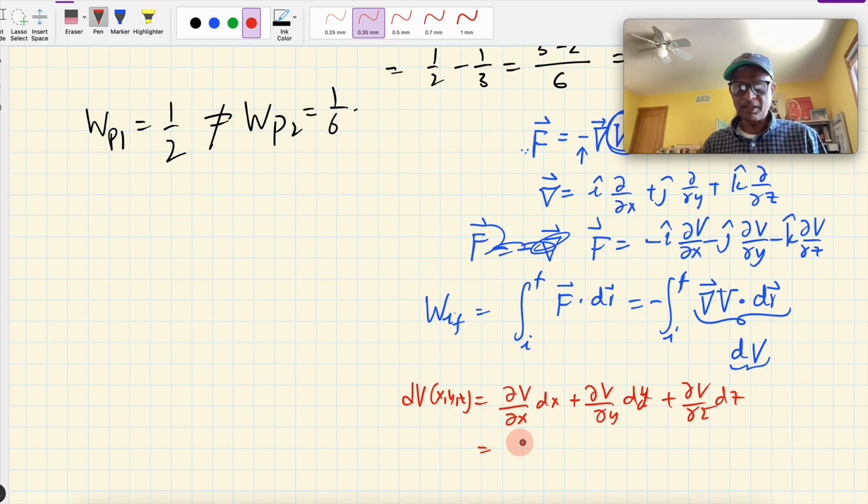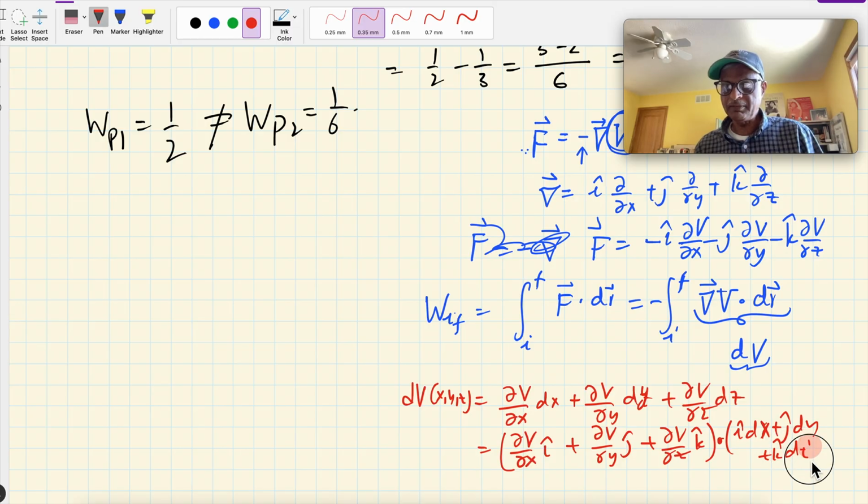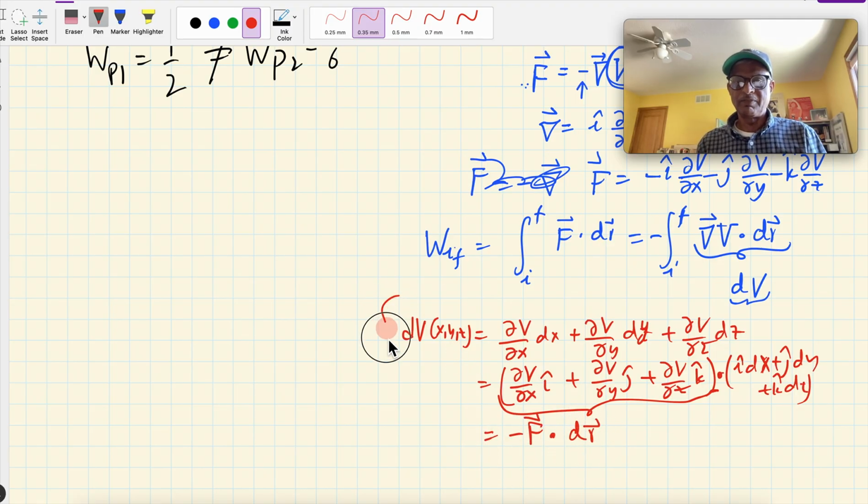And you can write this as dV/dx i hat plus dV/dy j hat plus dV/dz k hat, dot product with i hat dx plus j hat dy plus k hat dz, right? So this whole thing is minus F dot dr. And so that's how it's dV.